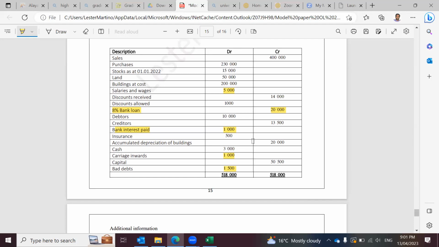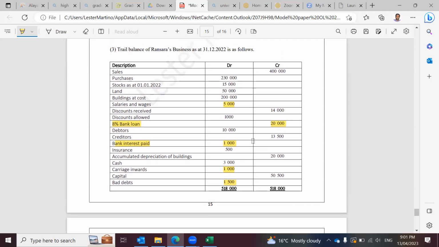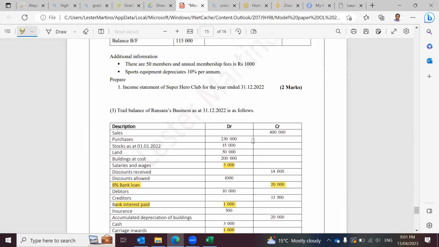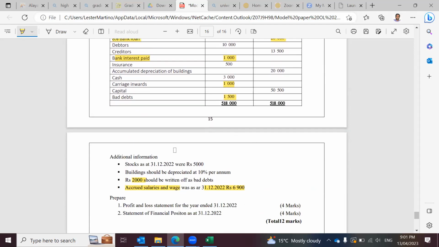Don't ever take more than 40 minutes for this question. But make sure you allocate time wisely to cover all these adjustment parts. That is very, very important. All the adjustments, you will get more marks. So make sure you do all the adjustments. That is the most important thing.